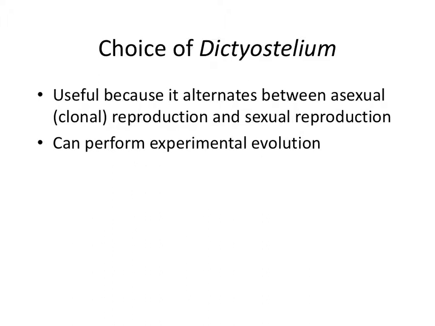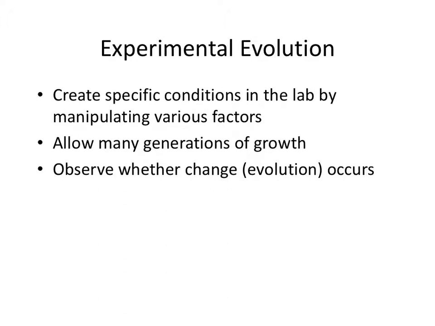You can't kill this multicellular organism, I didn't tell you this yet, because if you break the cellulose sheath of the slug and distribute all the amoebas, they go back to amoeba life. So you can see the effects of cheating by mixing, and this is the experimental evolution part. I'll get back to how they do it in a minute.